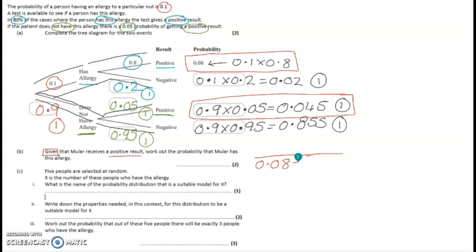0.08 add 0.045. Work out the probability that Moolah has the allergy. Out of those two options, the only one where he actually has the allergy is the top one. So that's going to be my numerator.